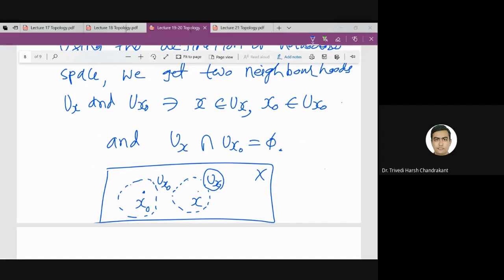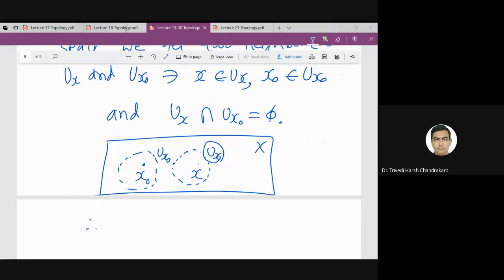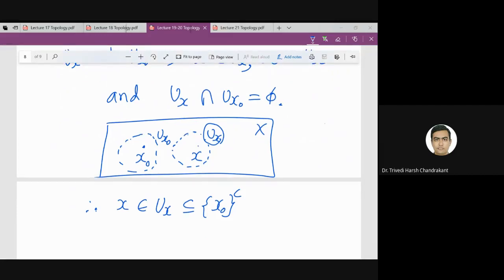Therefore Ux cannot contain the point x naught. So what we get is x belongs to Ux, which is in the complement of {x naught}, right? Because x naught cannot be in this set and Ux contains x.